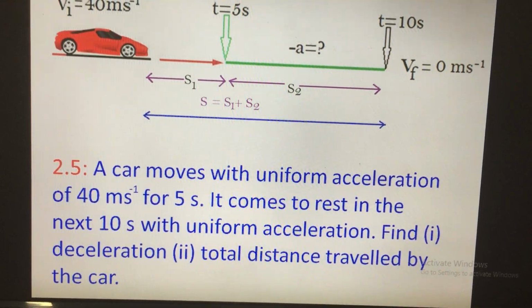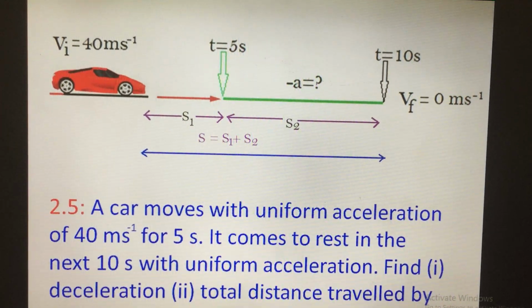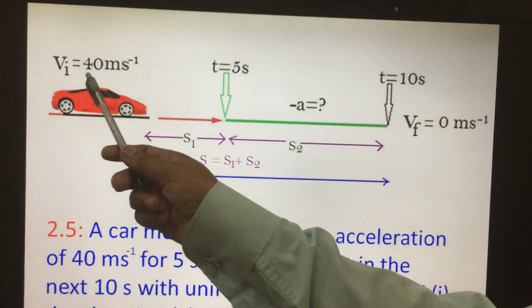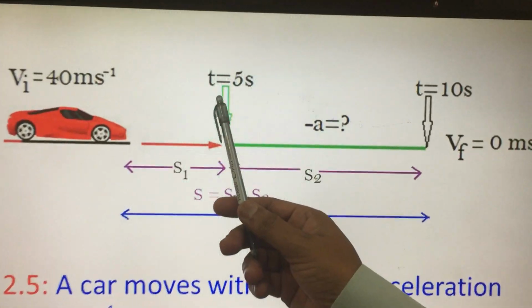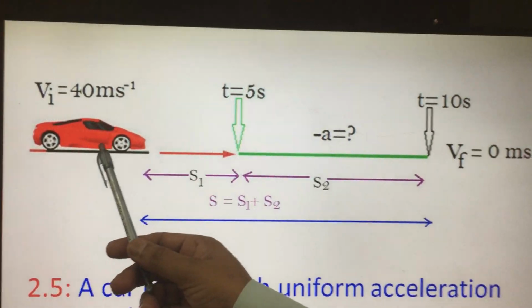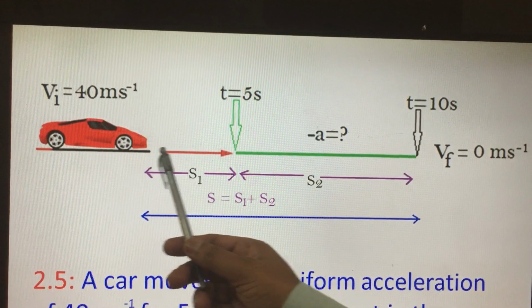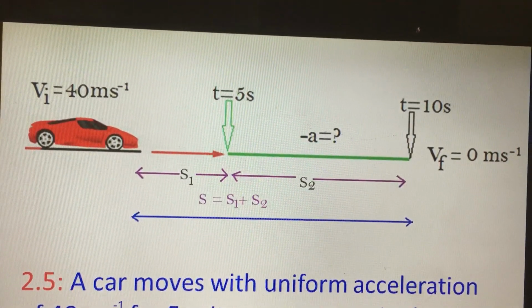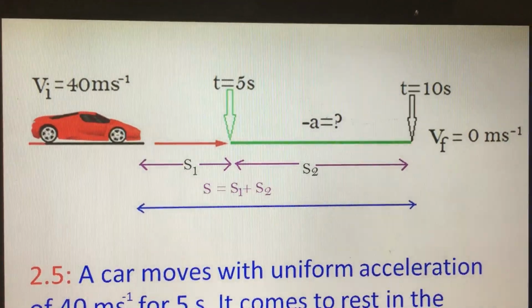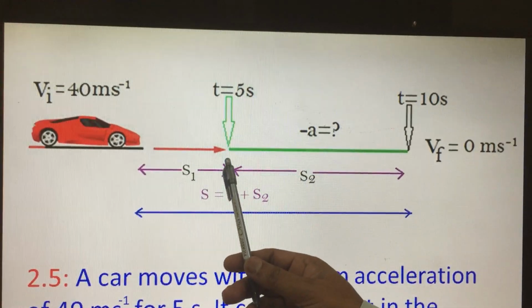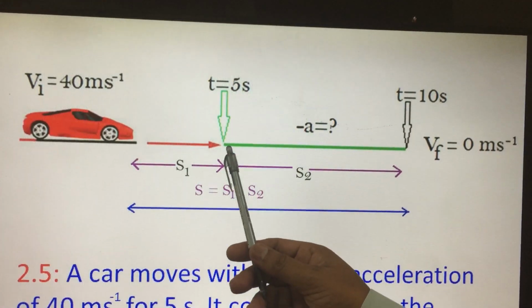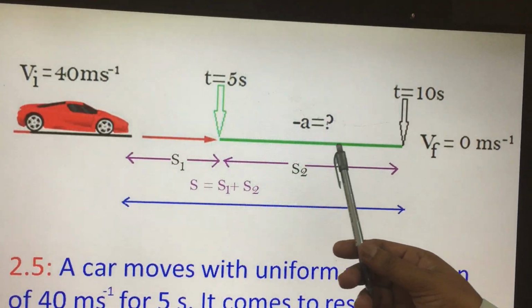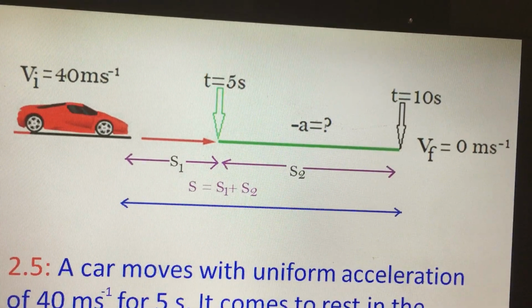As you can see in this picture, the initial velocity is 40 meters per second, right? And for 5 seconds the velocity remains uniform, and then after 5 seconds brakes are applied and velocity keeps on decreasing, and at the end it will stop.